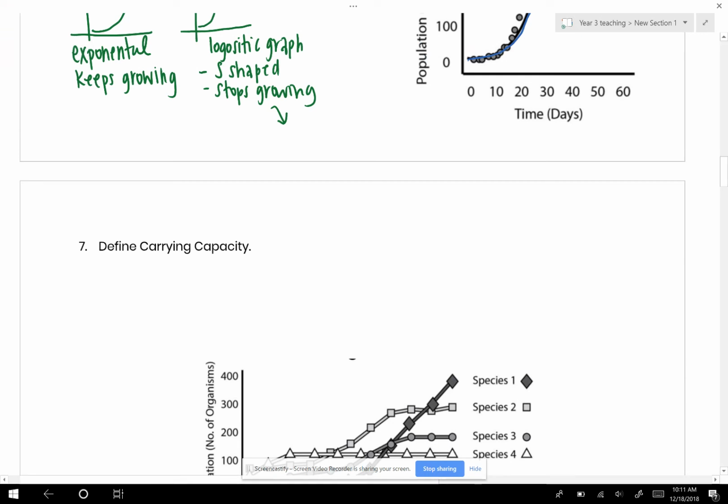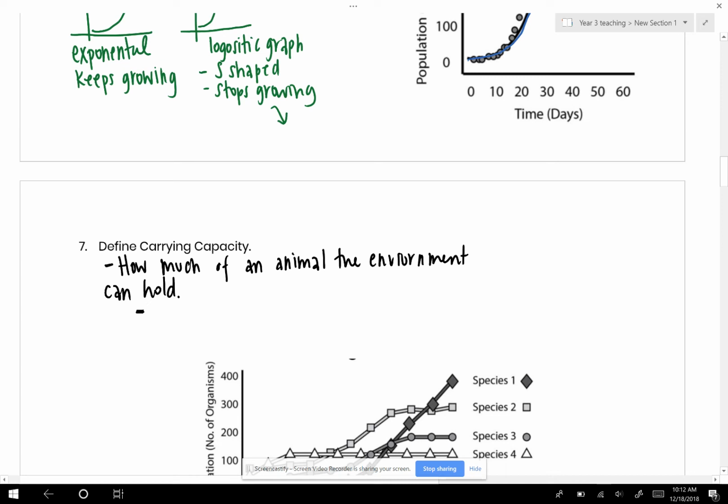Carrying capacity is basically, if you guys remember, how much the environment can hold. How much of an animal the environment can hold is pretty much the carrying capacity. That's the summary of it.